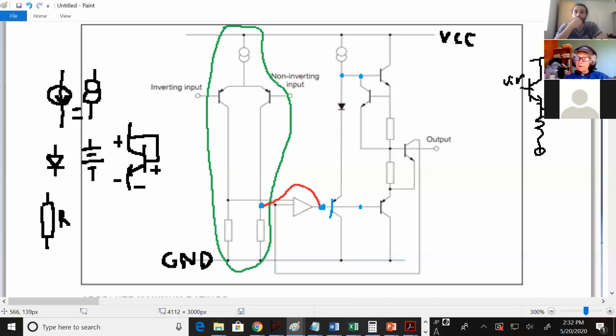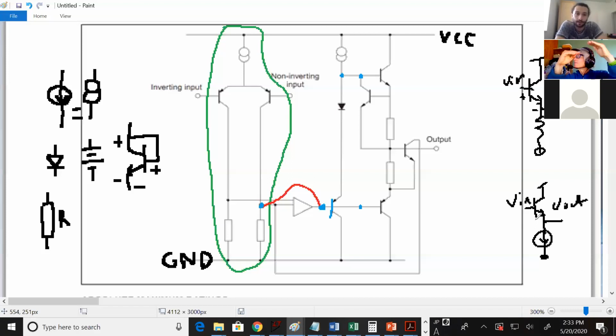But if you had constant current, I mean, the VBE right here changes because when V out goes up, the current through the resistor changes. But if you had an ideal current source, now no matter what happens to V out, your current is constant, so your VBE stays constant.